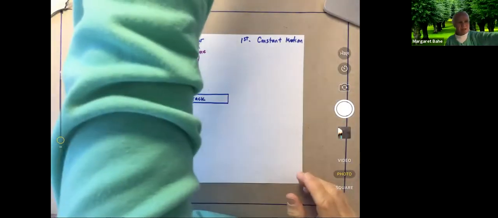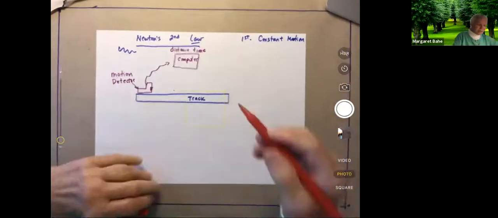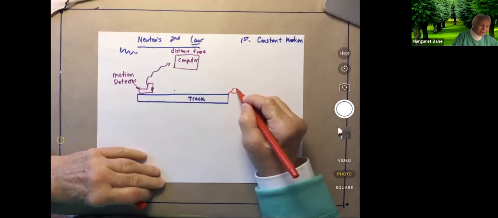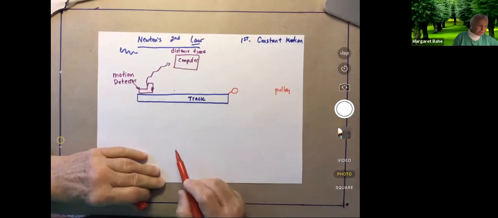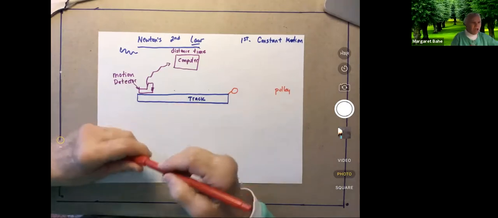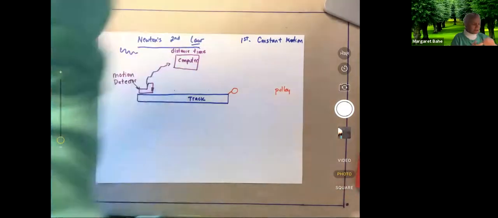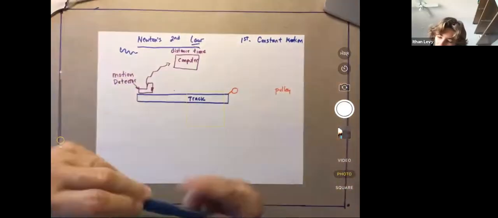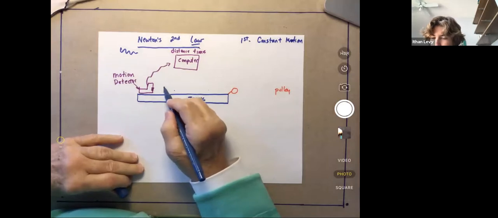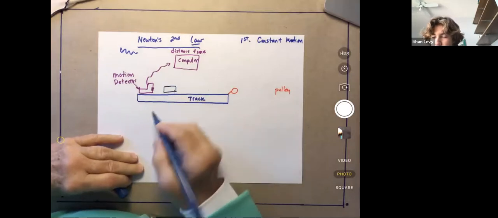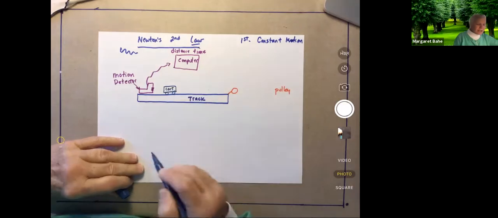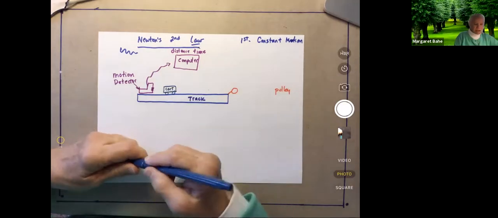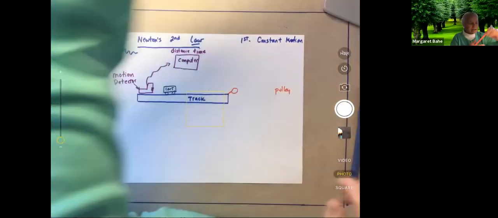All right, so there's our first setup. Then we're going to have a pulley right here. So we've used pulleys before. We're going to have a pulley there. And then we're going to have our cart. So let me get a new color here for our cart. Okay, here is our cart. And on top of that cart, we're going to be able to place some mass.